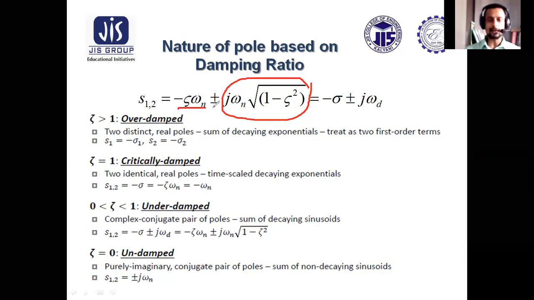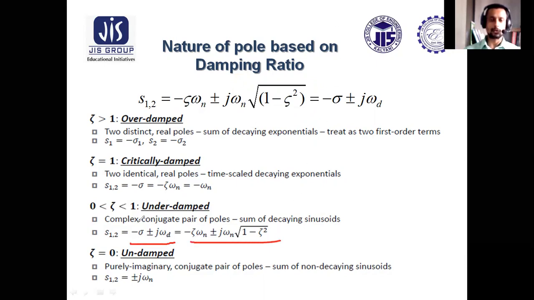So real plus or minus imaginary part will give us a complex pole value. For an underdamped system, that is zeta ranging between 0 and 1, we will get a complex conjugate pair of poles.